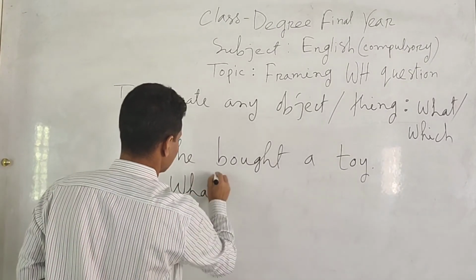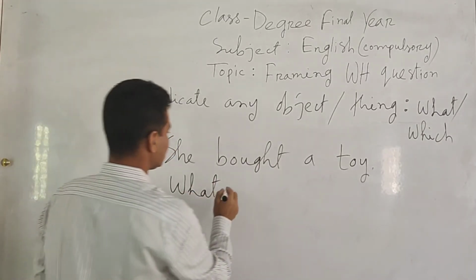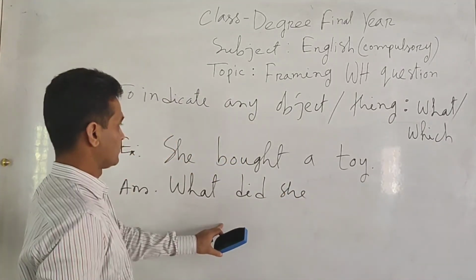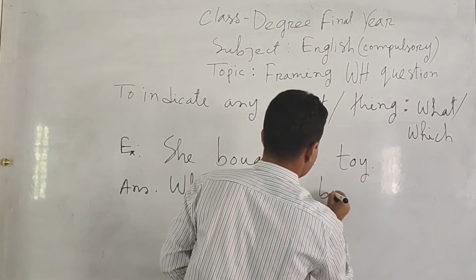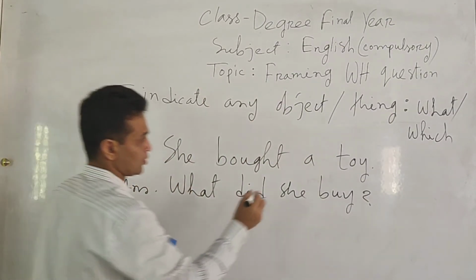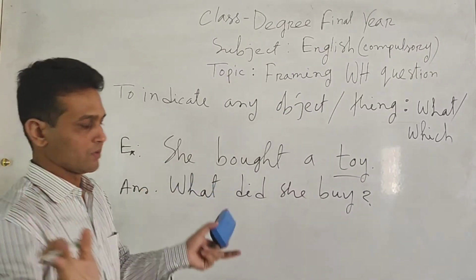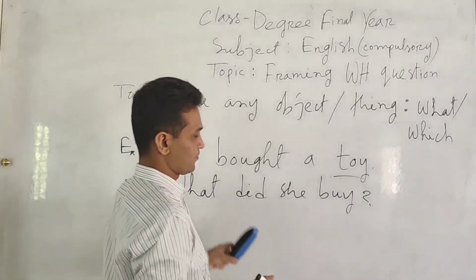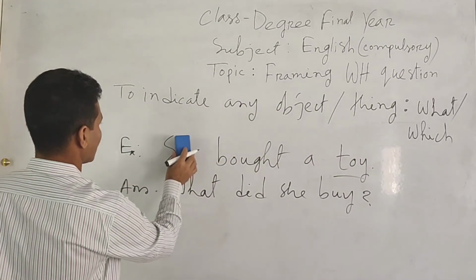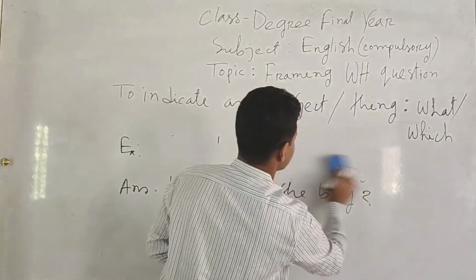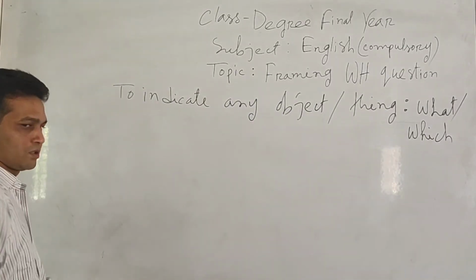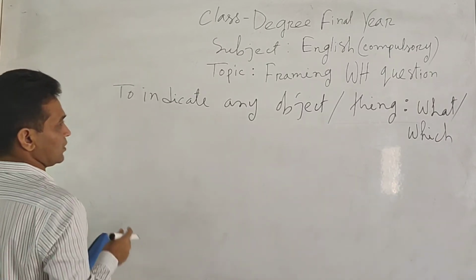What did she buy? What did she buy? Okay, so to indicate a toy, an inanimate object, I have used what did she buy? Okay.